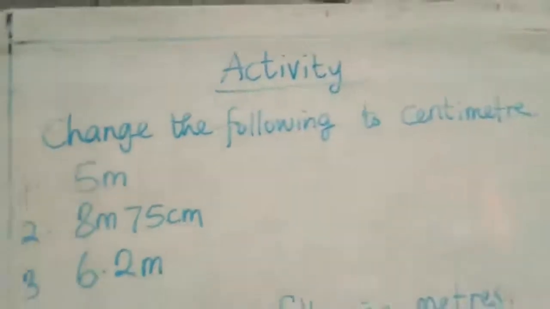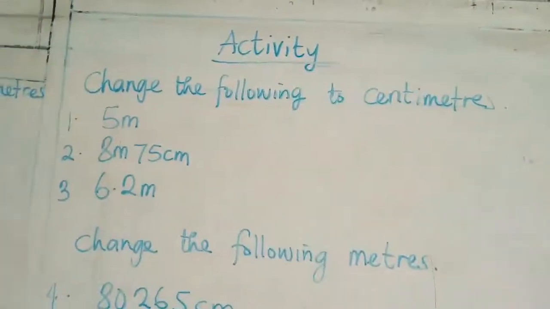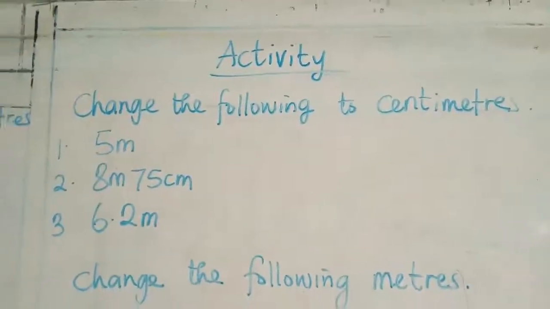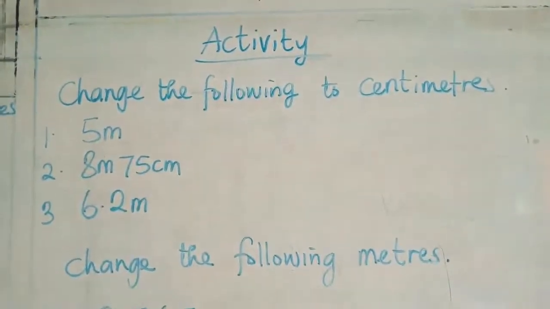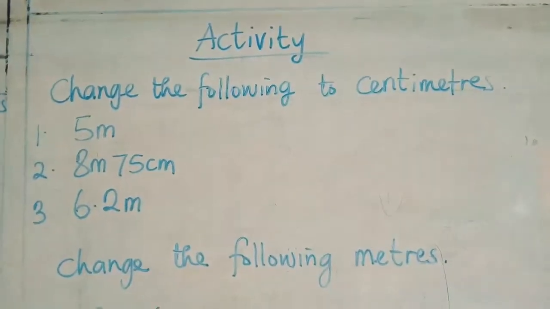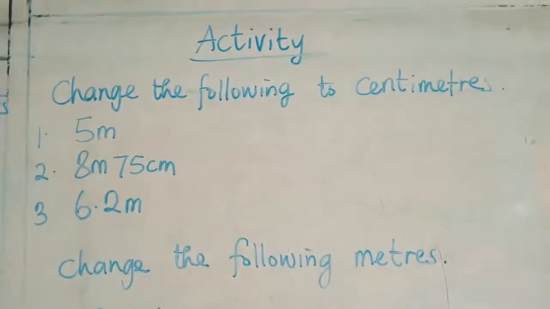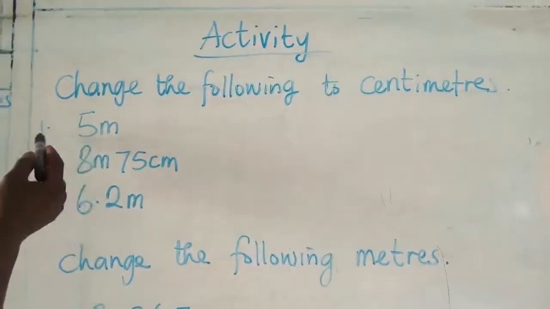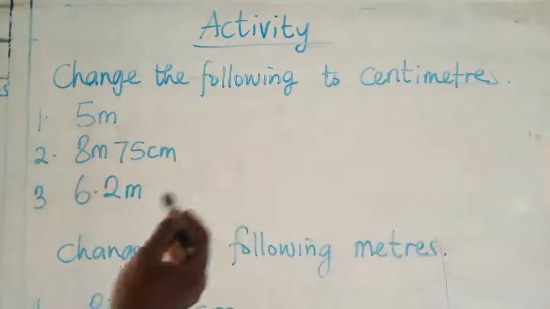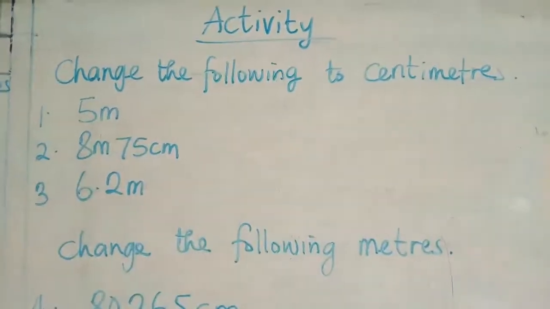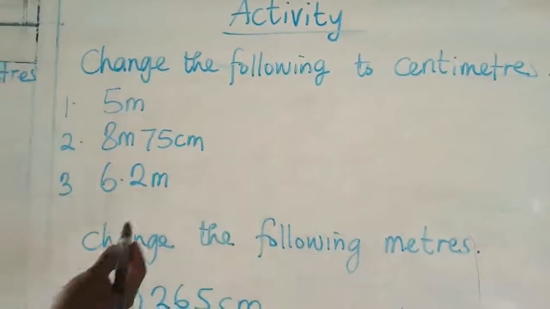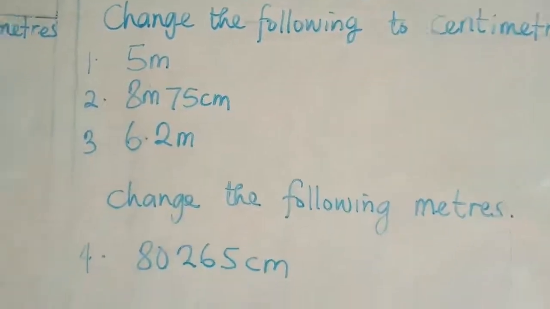Here is an activity for you. The first 3 questions have to do with changing meters to centimeters. Question 1, change 5 meters to centimeters. 2, 8 meters 75 centimeters to centimeters, and then 3, 6.2 meters to centimeters.